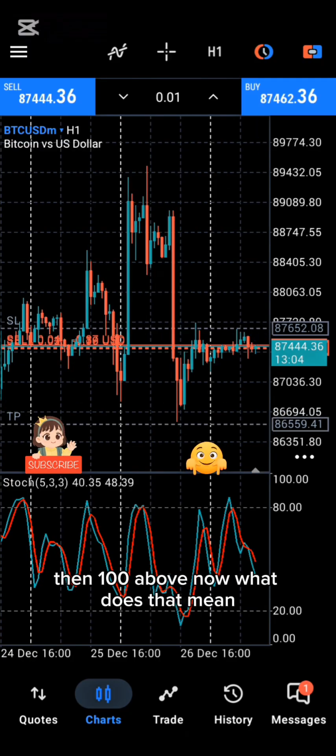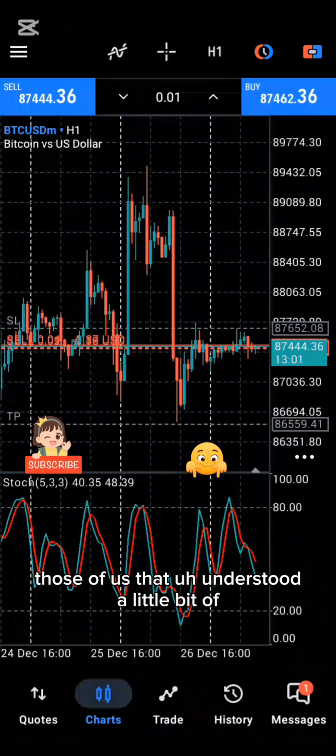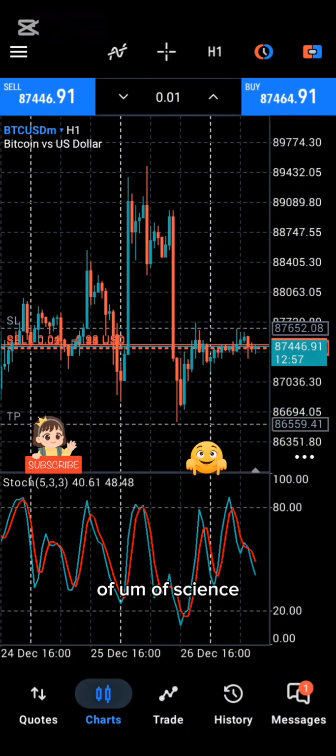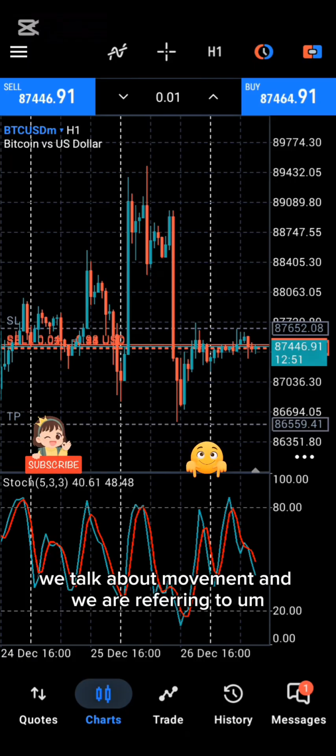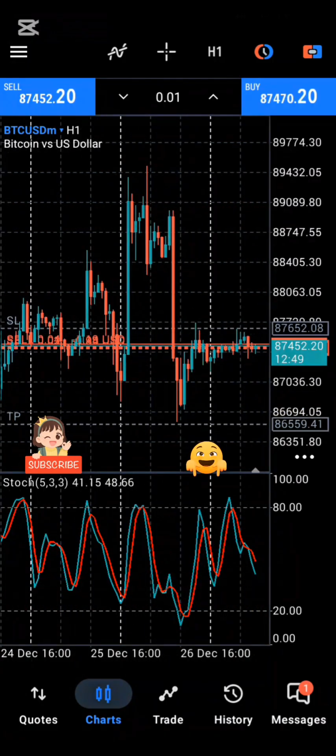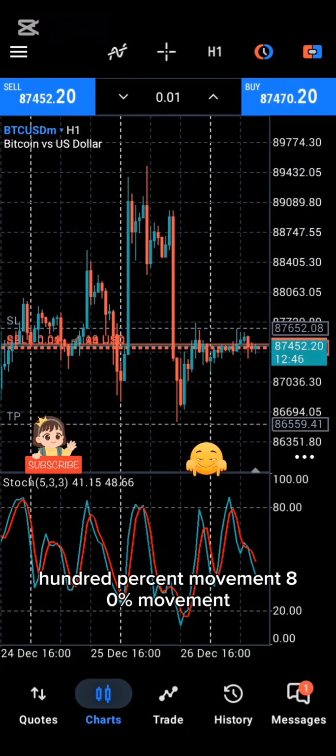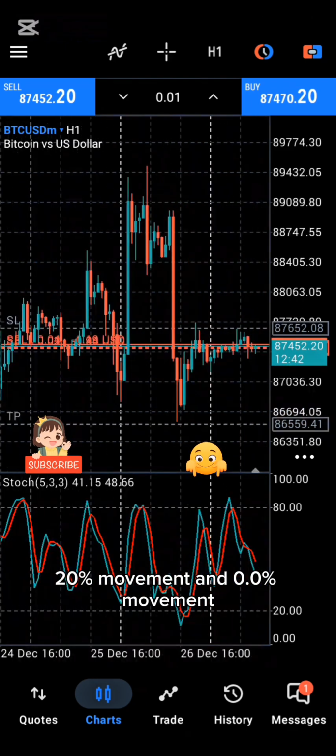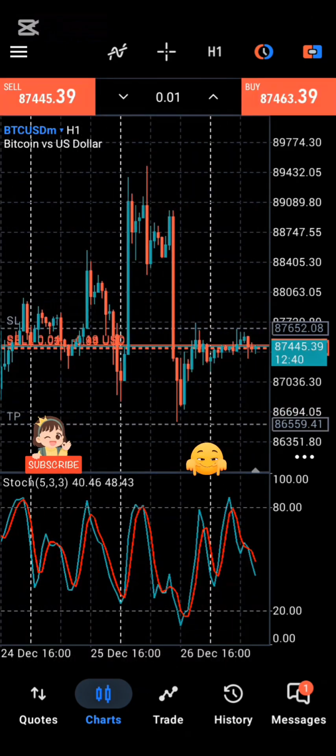Now what does that mean? Those of us that understood a little bit of science, you understand when we talk about movement and we are referring to 100% movement, 80% movement, 20% movement, and 0.0% movement.